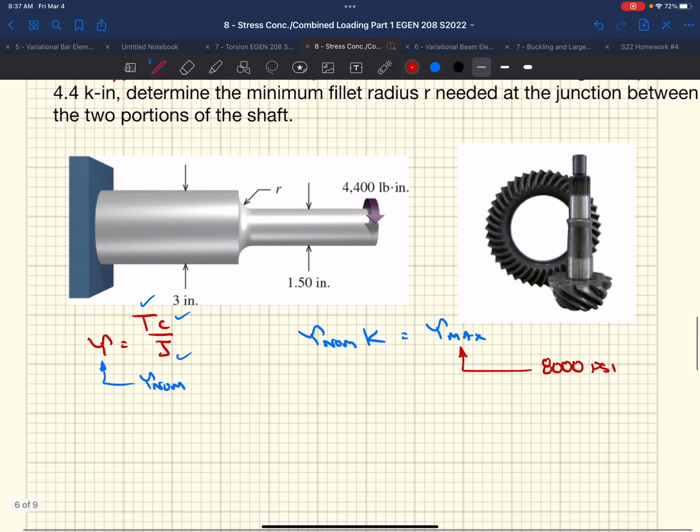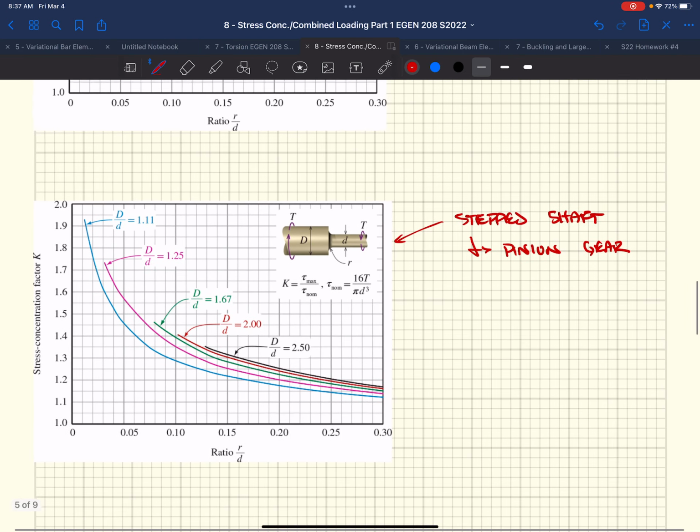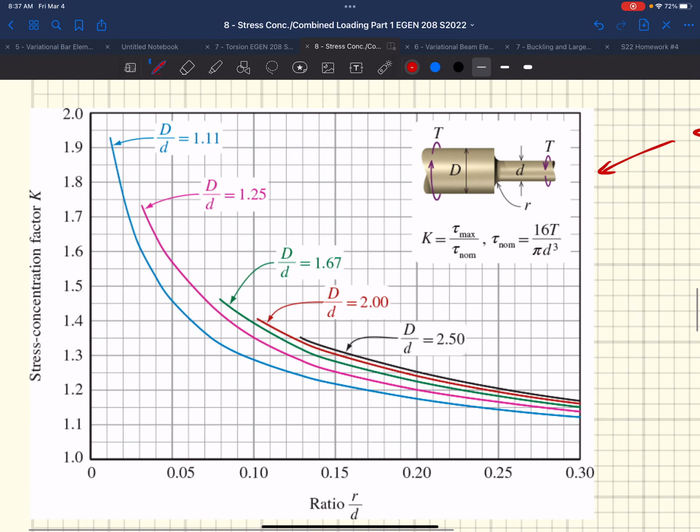So where does our radius come in? If we look back up here, we have a stepped shaft, and we're going to want to know our stress concentration factor. That stress concentration factor is a function of our major and minor diameters, but it's also a function of this R over D ratio. So if we knew the stress concentration factor, we can work backwards too. In the axial cases, we started at the x-axis, went to a curve, hit the y-axis.